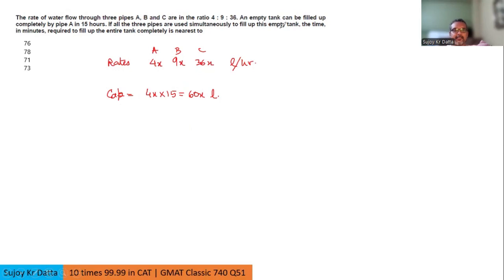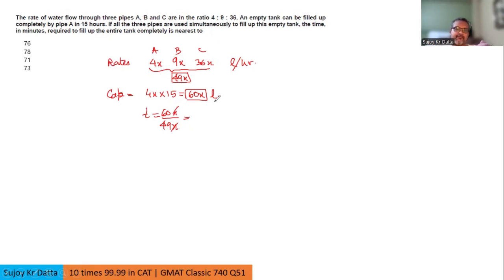So they're asking the time in minutes required to fill up the entire tank completely if all three are there. So their combined rate is 4 plus 9 plus 36, so that's 49x. That's the combined rate. This is the capacity. So the time taken would be 60x over 49x. X cancels out.